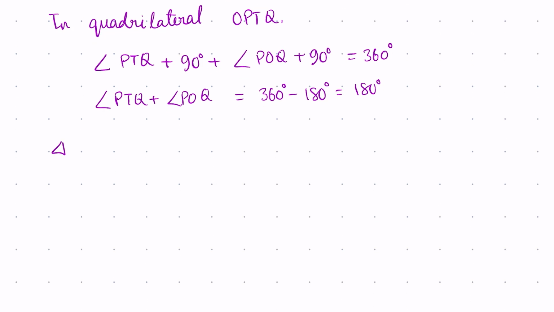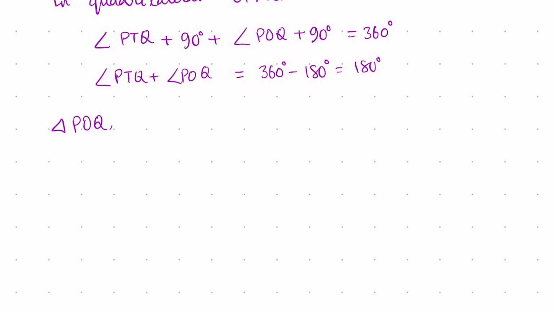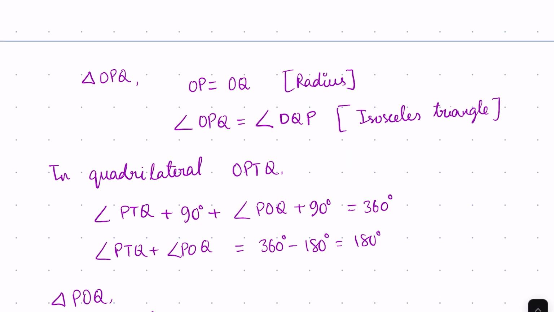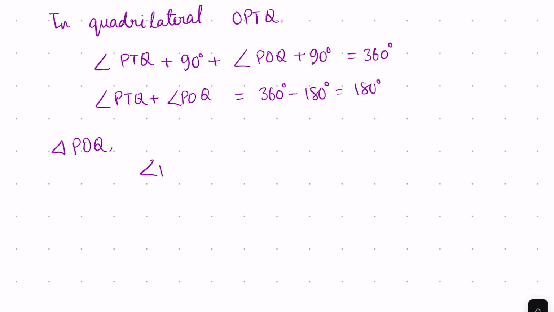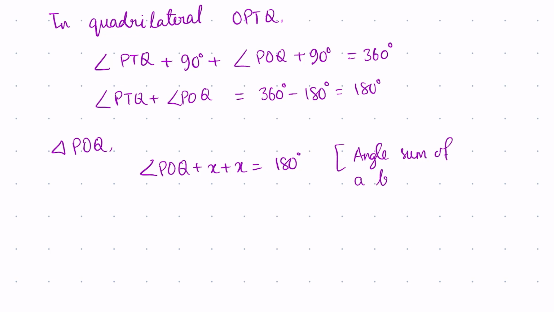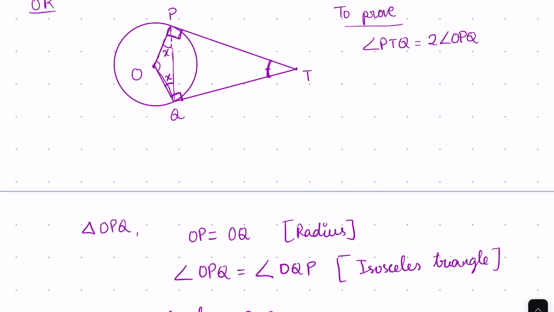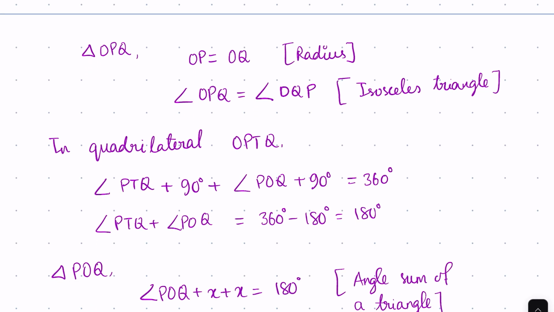Again, in triangle POQ, we'll use the angle sum property of a triangle. Angle POQ plus 2x must be 180 degrees, since in this triangle, this angle plus this angle plus this must be 180 degrees.